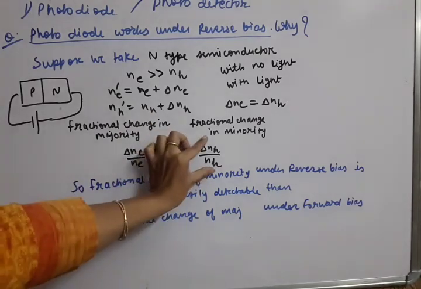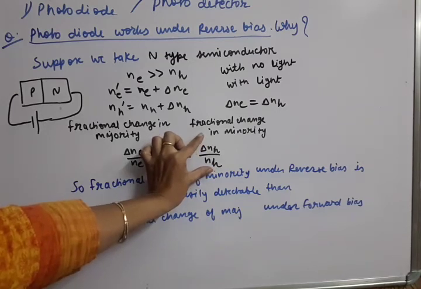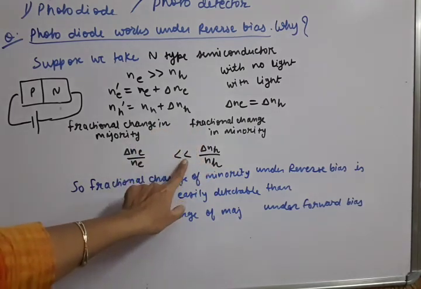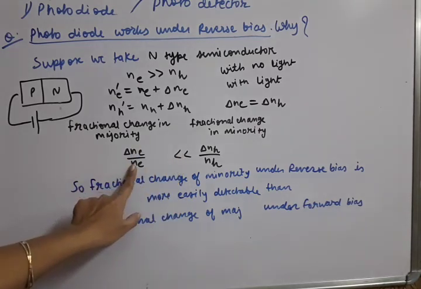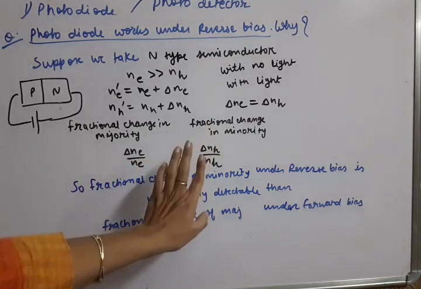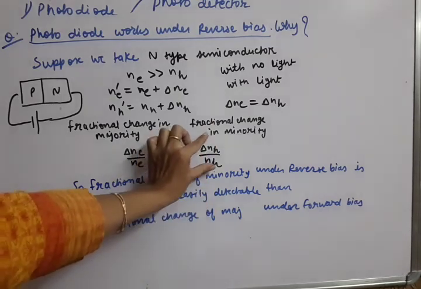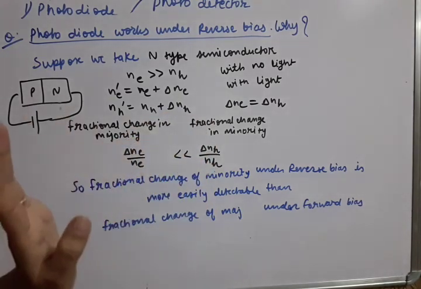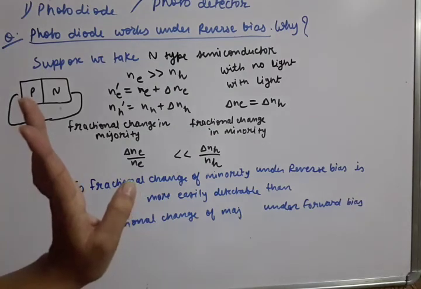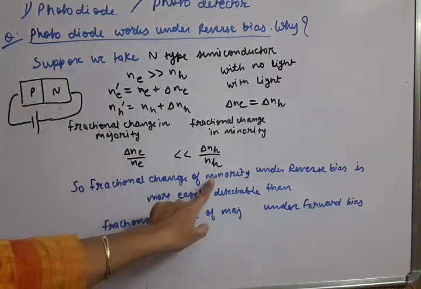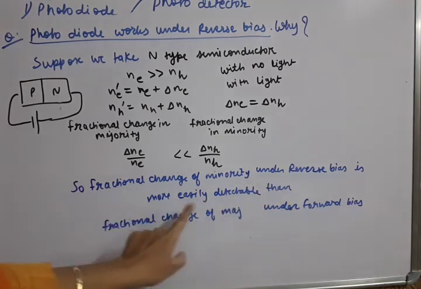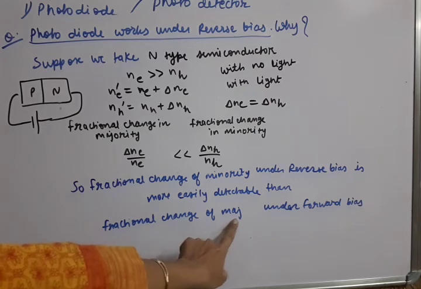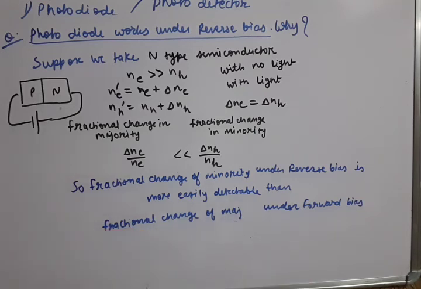So this way you can see the holes' fractional change is coming greater than the electrons' fractional change. And holes are minority. So the fractional change of minority is greater because of light falling. So the fractional change of minority under the reverse bias will be more easily detectable than the fractional change of majority under forward bias.